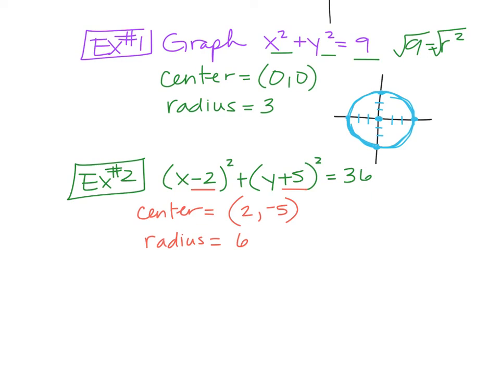So what we're going to do is we are going to graph this. If we are at (2, −5), 1, 2, 1, 2, 3, 4, 5, that would be this point right here. Okay, so that's our center. And then with a radius of 6, you're going 6 in every direction. So 1, 2, 3, 4, 5, 6.